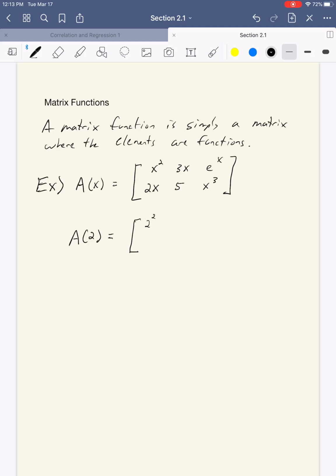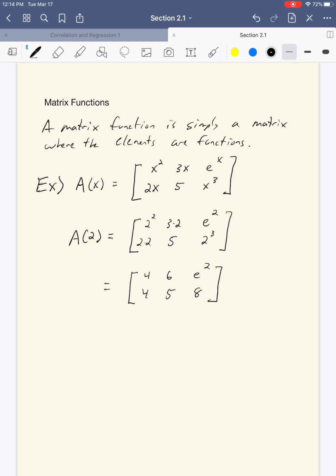So it would become 2 squared, 3 times 2, e to the 2, 2 times 2, 5, and 2 cubed. And of course, you could then simplify that into a standard matrix of 4, 6, e squared, 4, 5, and 8, right?